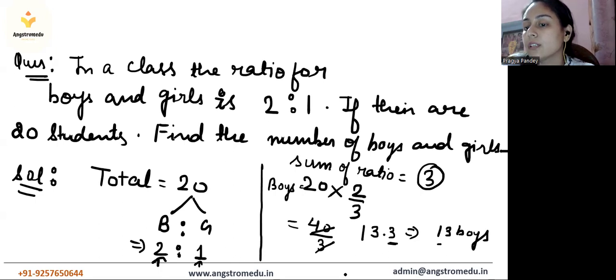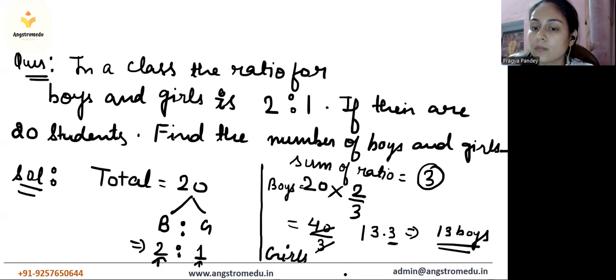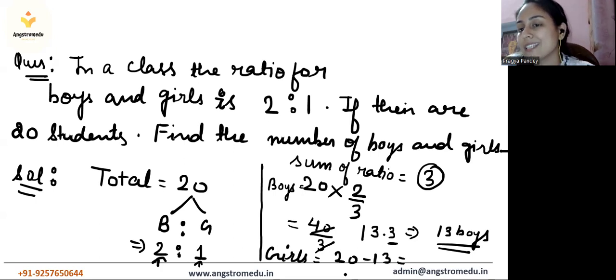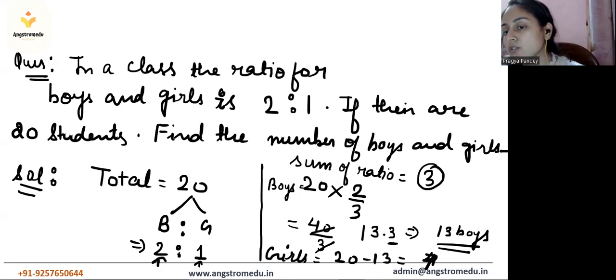Okay, and if 13 are boys from 20, how many girls are there? So girls must be 20 minus 13. So it would be 10 minus 3, which means it will be 7. Yes, 7 are girls. So 13 plus 7 will be 20.